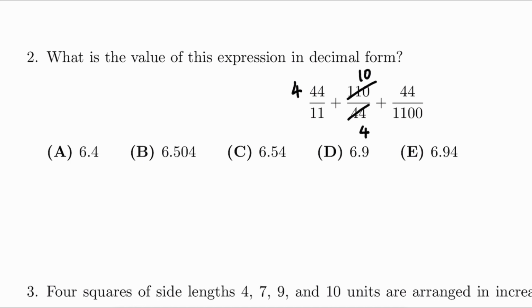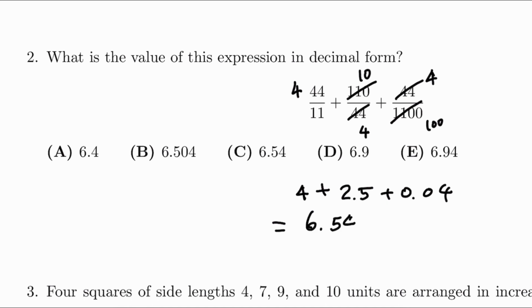And 44 over 1100, we can get rid of an 11 as well, so that becomes 4 over 100. And this is just 4 plus 10 over 4, which is 2.5, and 4 over 100 is 0.04. And if we add these up, we get 6.54 as our final answer, or answer choice C.